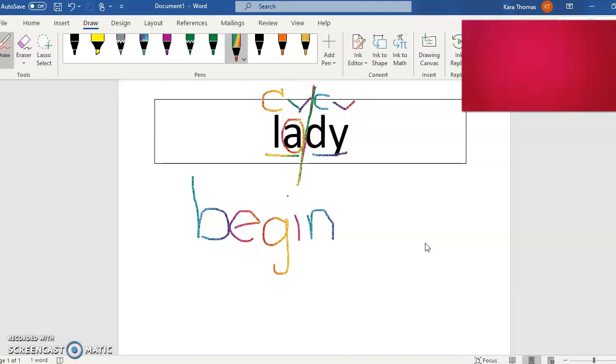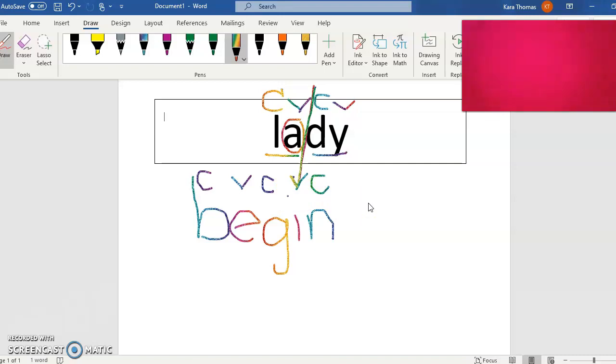Let's go ahead and label. We have a B consonant, a vowel, another consonant, a vowel, and another consonant. Do you see our pattern? We have consonant, vowel, consonant, vowel. Our pattern is there.